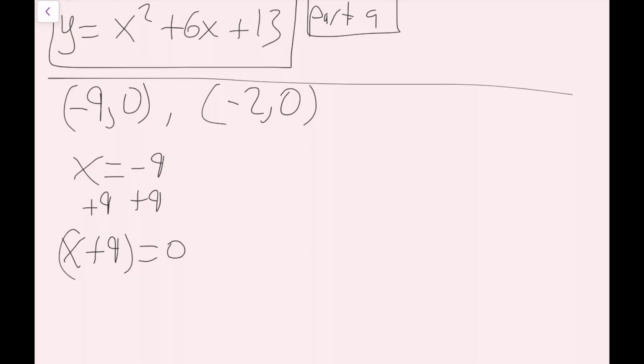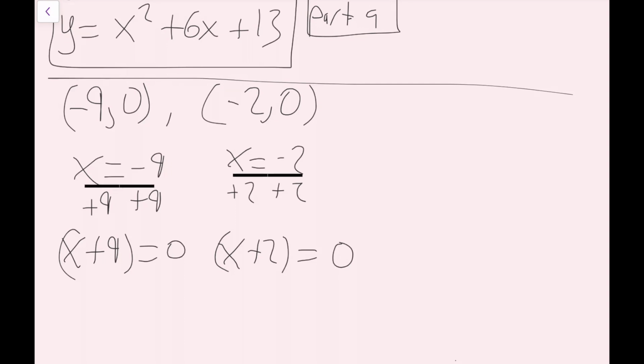So this is one of my factors, if you will. And then over here, I'll do the same thing. x equals -2, I add 2, and I get x plus 2 equals 0. Okay, so now I have two things that if I multiply together, they both satisfy this criteria.